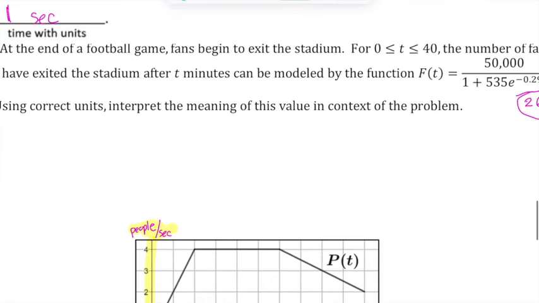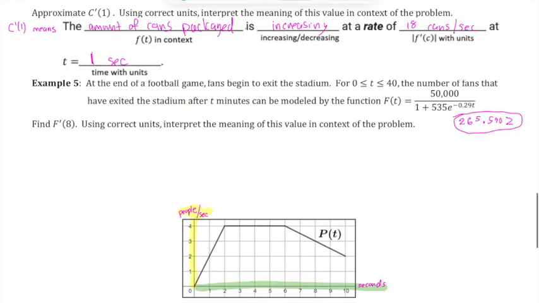Right? So if this was a calculator option free problem, you would just say the derivative at 8 is equal to, and then please write it out. It is 265.5902.